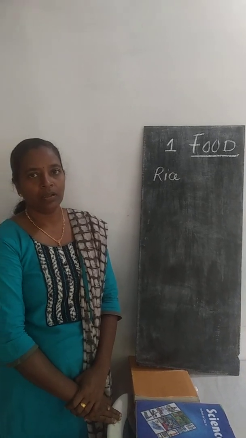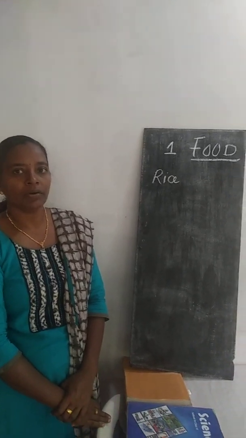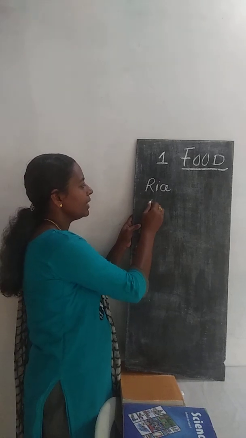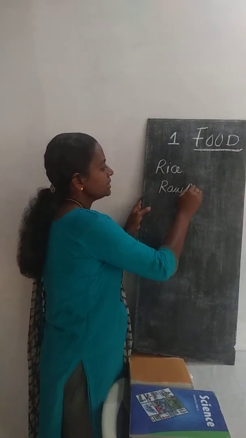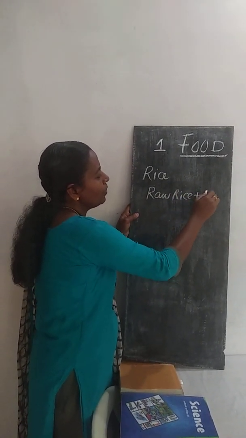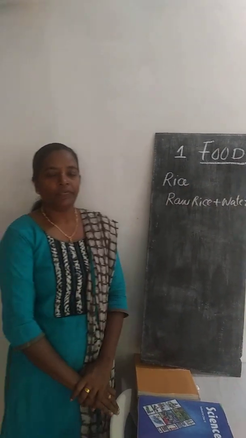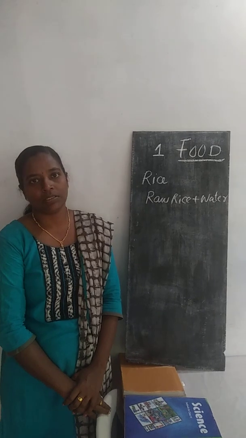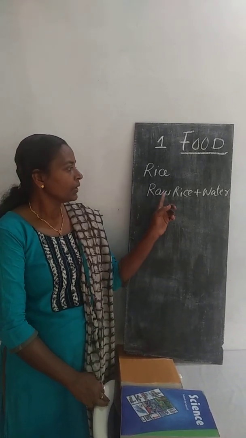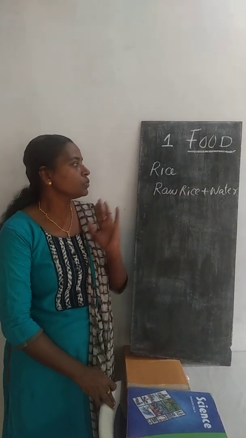Very simple. For making rice, we need to take some raw rice, then we add some amount of water. These two things are enough to make rice. Clear? We add only these two items.